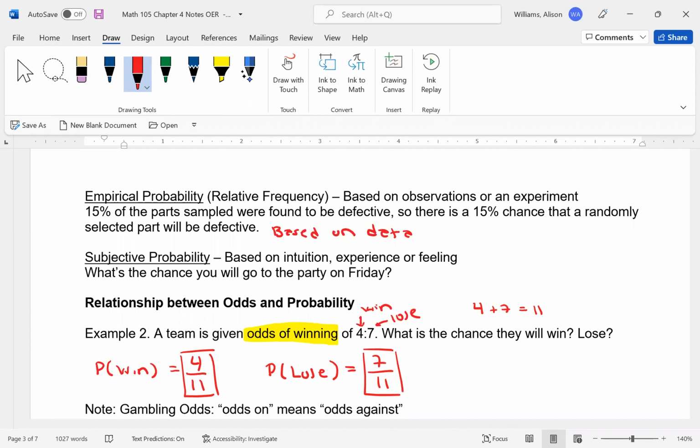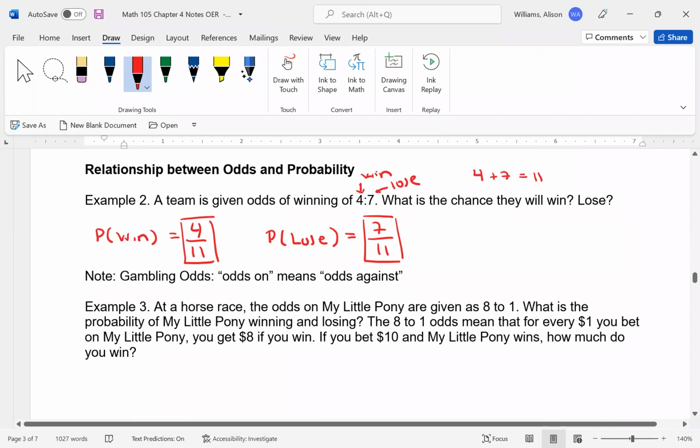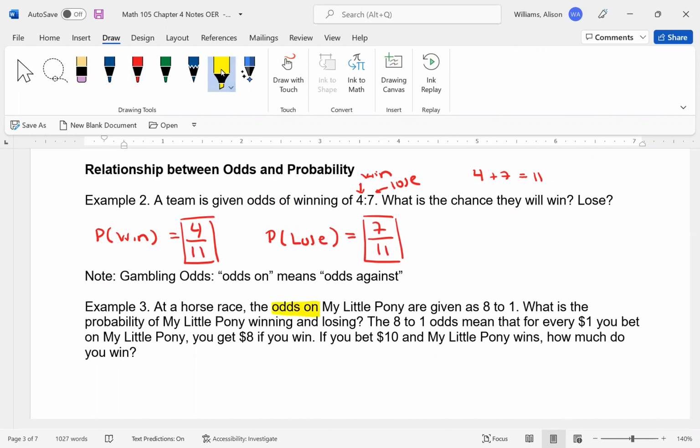Then there's another phrase you should know, and they often say odds on instead of odds against, but that's what it means. Odds on means it's the odds against something winning. So if it's for winning, they'll usually say that, but if it's against, they'll say odds on, which is typical. So in this example at a horse race, the odds on My Little Pony are given as 8 to 1. So odds on means odds against.